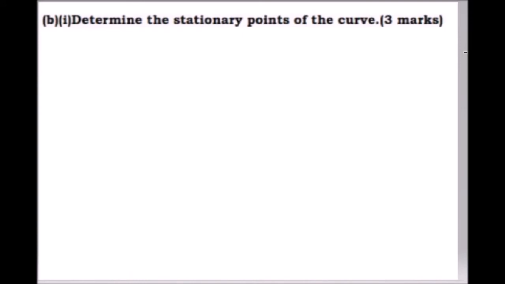Part B, Roman numeral 1: we are told to determine the stationary points of the curve. Remember, our curve was y equals 2x cubed plus 3x squared.